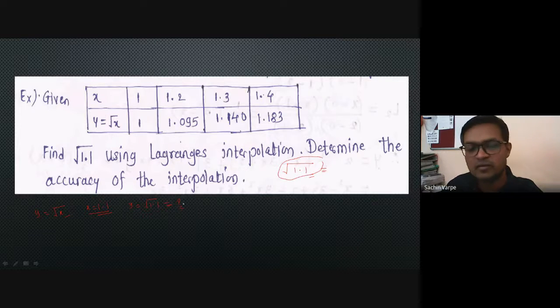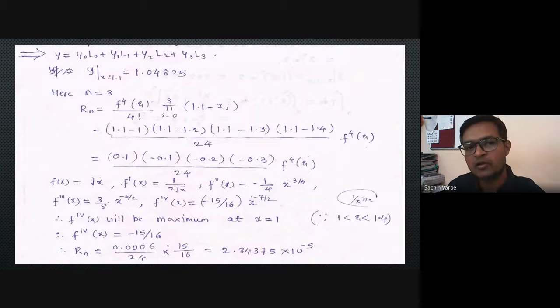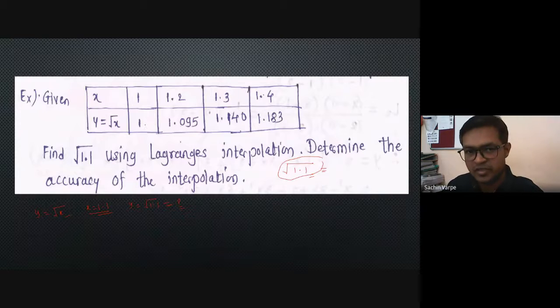So this will be our solution. Okay, so how do we do this? You can see here the Lagrange interpolating polynomial will be y0 L0 plus y1 L1 plus y2 L2 plus y3 L3, because the points are y0, y1, y2 and y3.